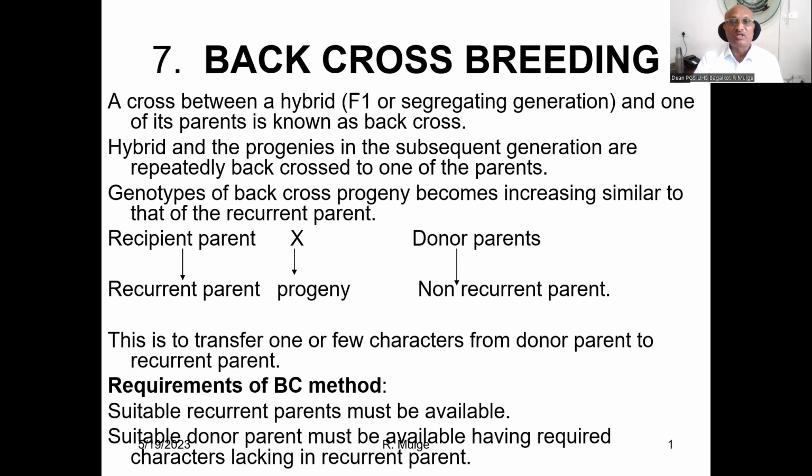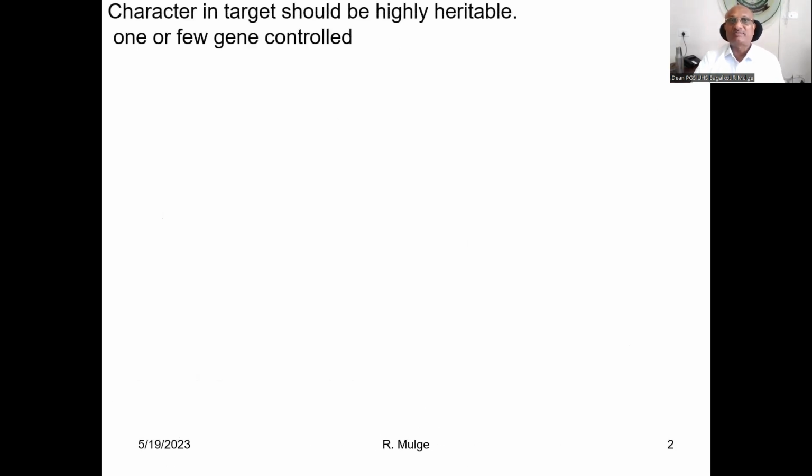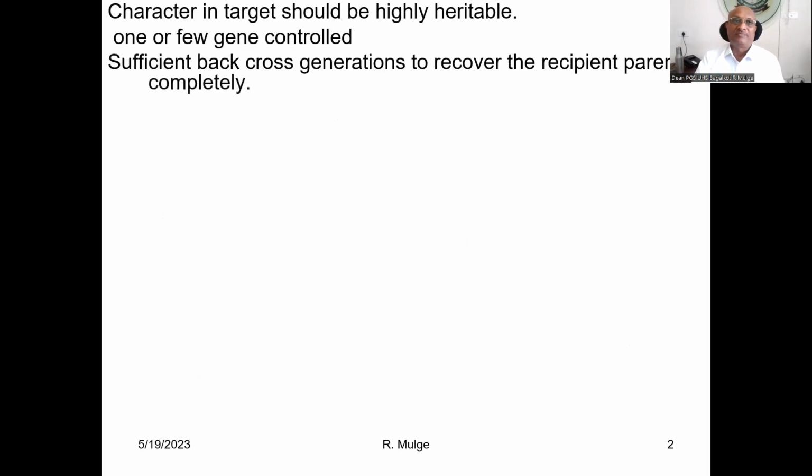That means a suitable donor parent must be available, having the required character which is lacking in the recurrent parent. The character you want to transfer should be highly heritable, that means controlled by one or very few genes. And you need a sufficient number of backcross generations to recover the recipient parent completely.